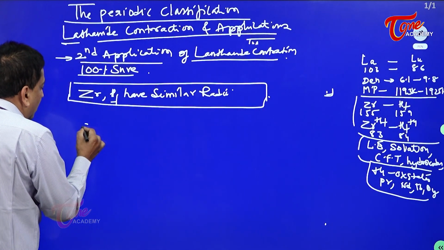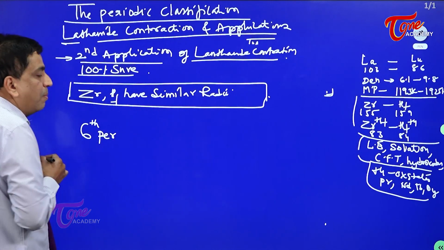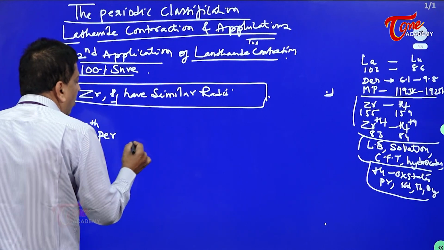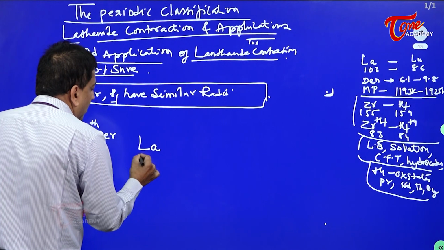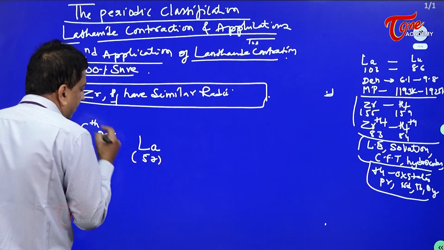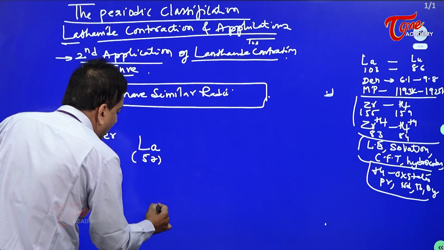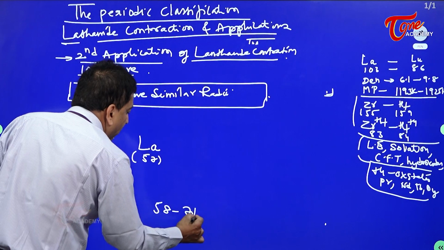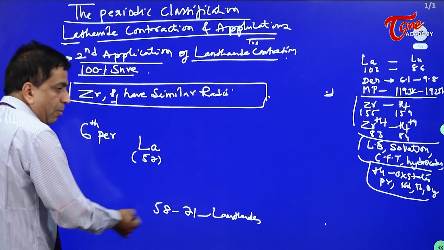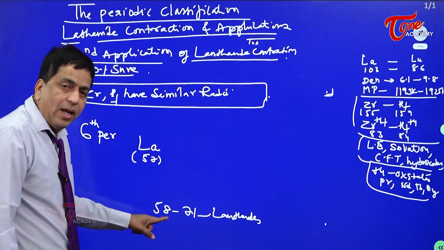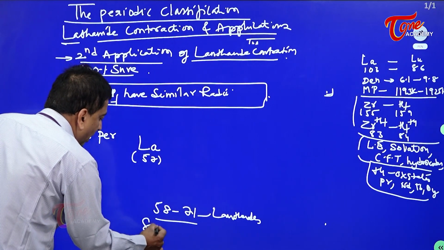Mind you, this is the sixth period, and here is lanthanum with atomic number 57. And at the bottom, you have 58 to 71, the lanthanides, which are placed at the bottom. After filling 58 to 71, the size contracts.